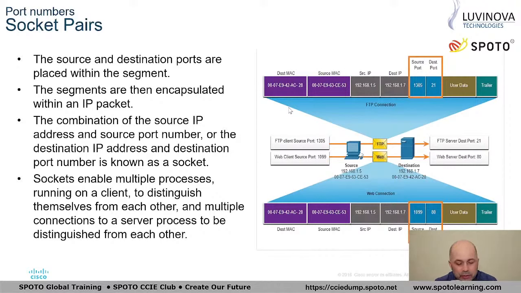The combination of the source IP address and the source port number, or the destination IP address and destination port number, is known as a socket. Sockets enable multiple processes running on the client to distinguish themselves from each other, and multiple connections to a server process to be distinguished from each other. But what's most important?